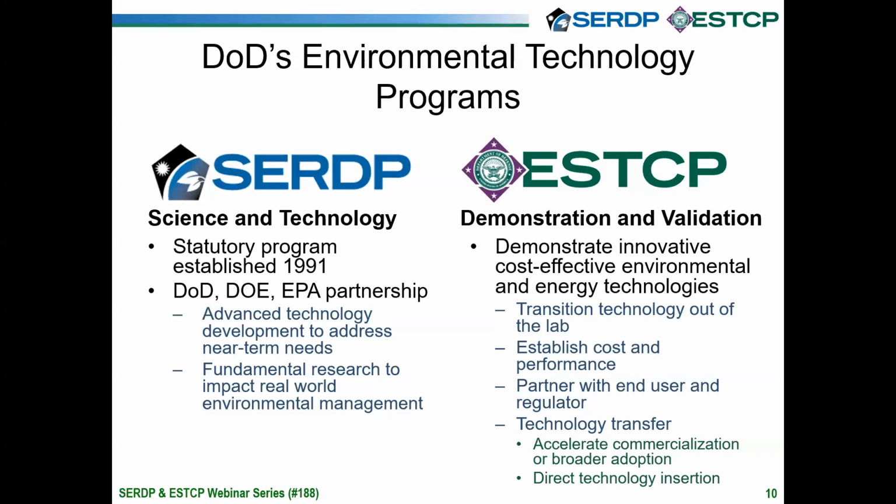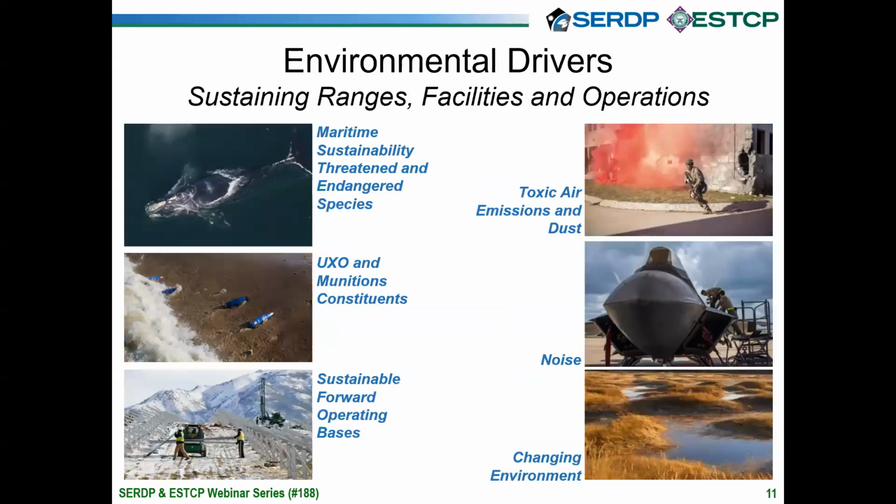Especially important in all ESTCP demonstrations is the ultimate transition to implementation and regulatory acceptance. SERDP and ESTCP are complementary programs, with most of the SERDP research occurring at the lab and pilot scale, with occasional field efforts, while ESTCP demonstrations are primarily at the pilot and field scale, although occasionally supporting lab efforts are conducted.